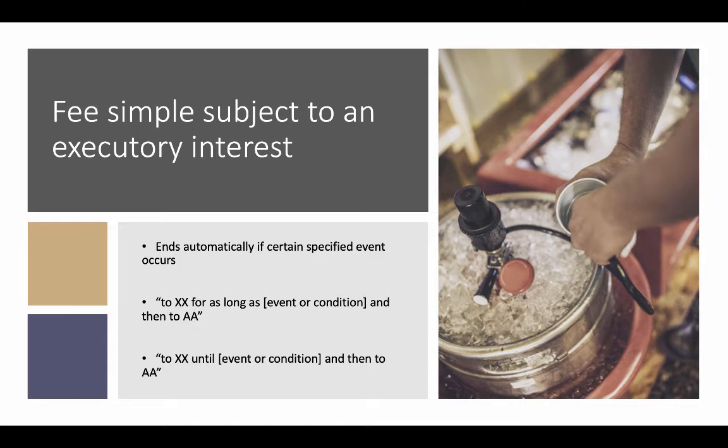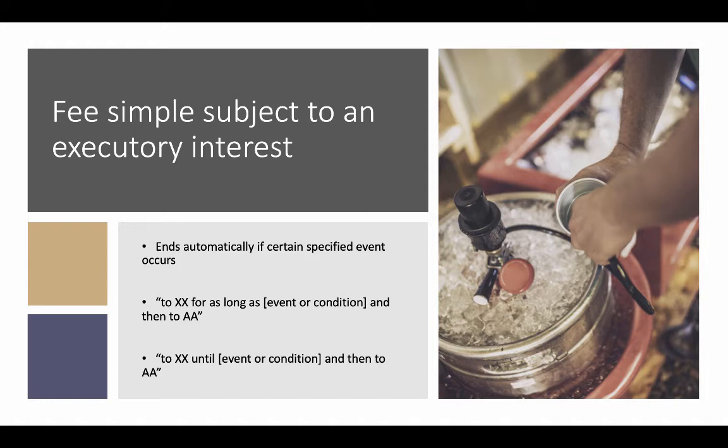So although the third party has the right to have the property if the fee simple determinable terminates, that right hasn't yet vested and may in fact never vest if the condition that ends the fee simple determinable does not occur.